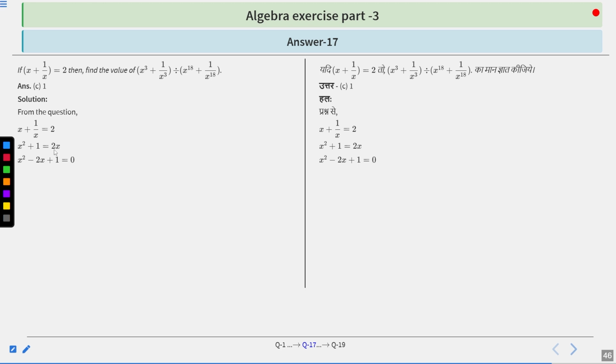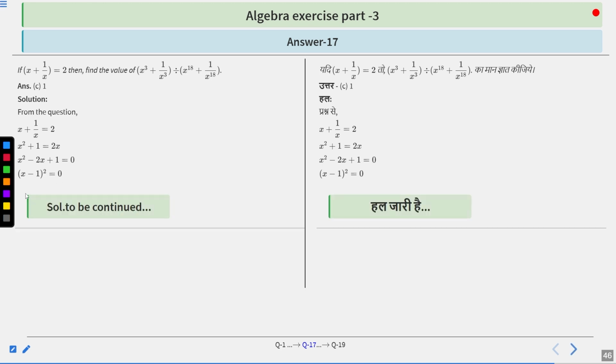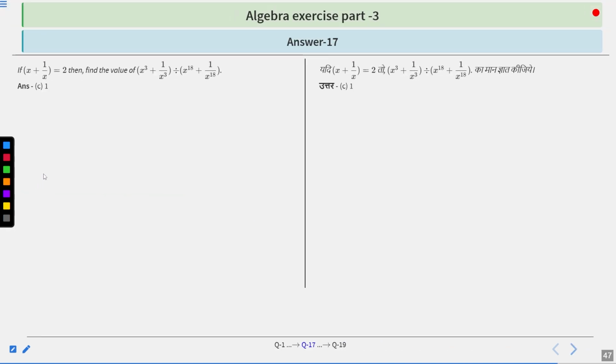Therefore, this 2x will go to the left hand side and become x square minus 2x plus 1 equal to 0. This is a quadratic equation, and this is nothing but the expansion of (x minus 1) whole square equal to 0. So if (x minus 1) whole square is equal to 0, x minus 1 is also equal to 0, and the value of x is equal to 1.